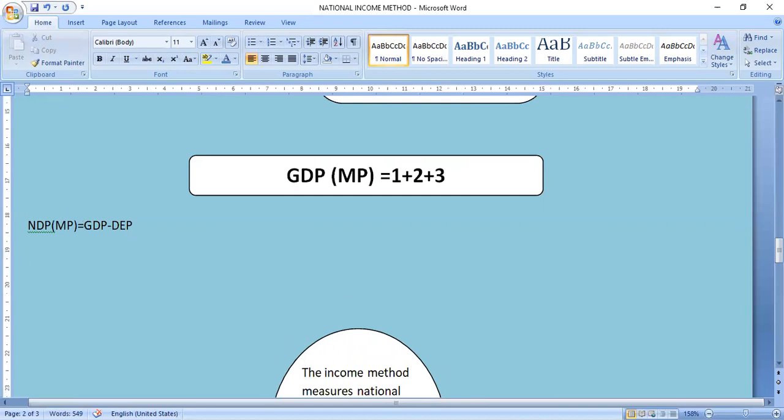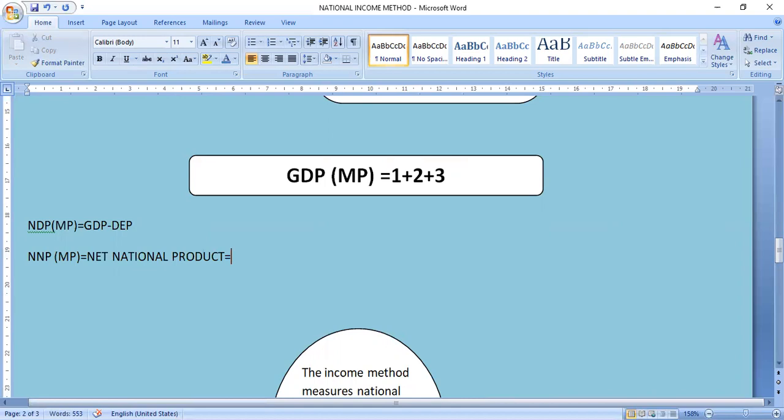Now we want to calculate NNP. N means net national product. Clear? How to calculate NNP?